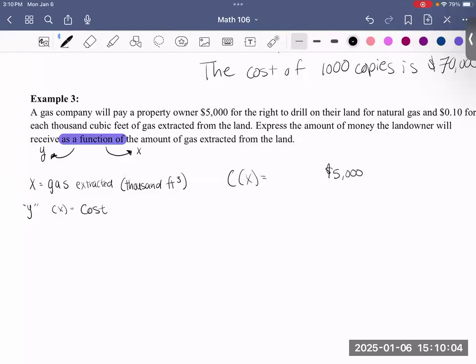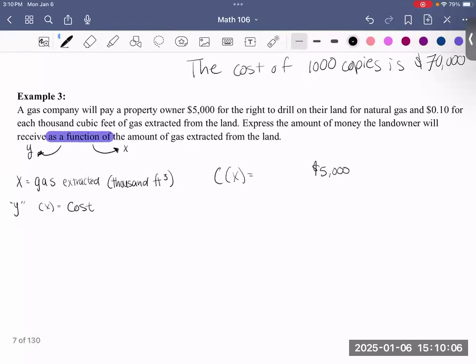And then for each thousands of cubic feet of gas extracted, we're going to get paid 10 cents from that natural gas. So that will act as your slope. You have your x value. So this is what your equation should come out to be.